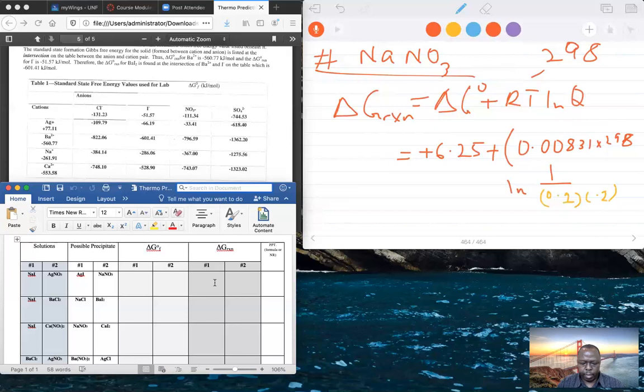And then ln of what? ln of 100. ln of the answer there is, I get 4.605.